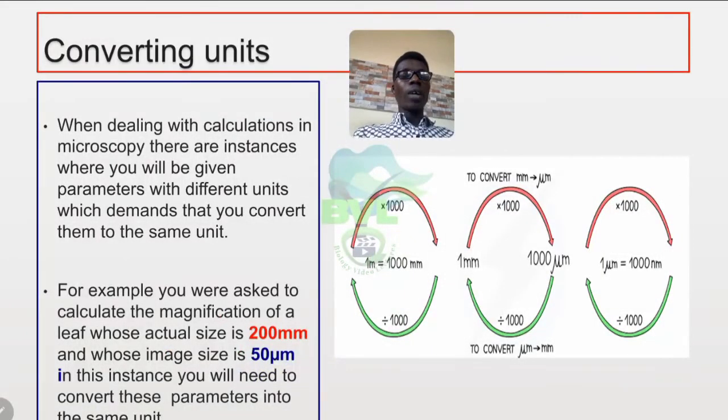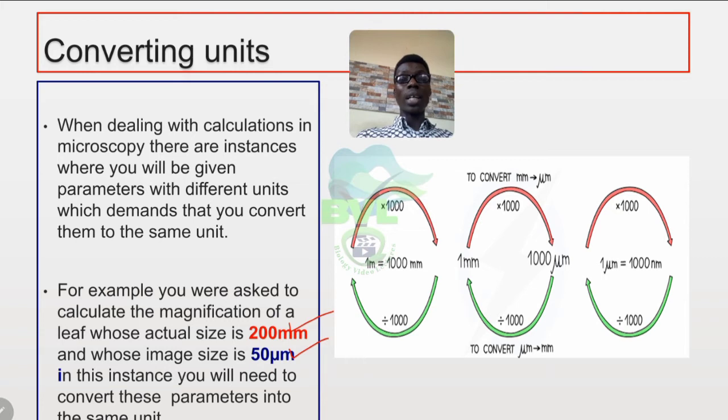All right, so one of the important things you need to know in calculations with microscopy is you must learn to convert units. You must make sure that your units are the same. For example, here it says when you are asked to calculate the magnification of a leaf whose actual size is 200 millimeters and image size is 50 micrometers, you can't just go ahead and work with this.